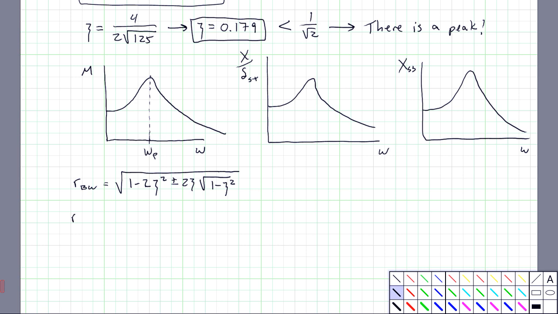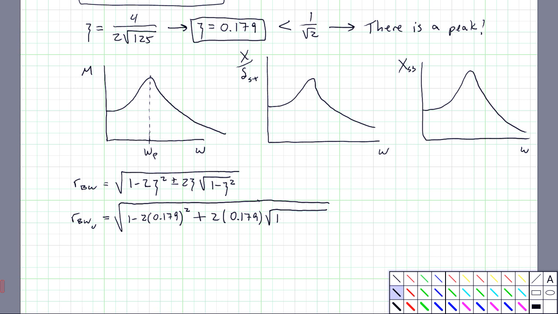So let's find the upper limit first. R bandwidth upper, a lot of subscripts there. I'm just going to evaluate it with the zeta that we already calculated. So it's going to be 1 minus 2 times 0.179 squared, plus 2 times 0.179 times the square root of 1 minus 0.179 squared.